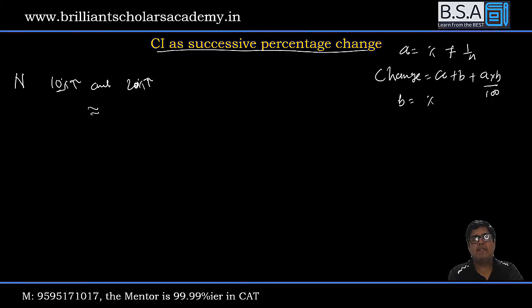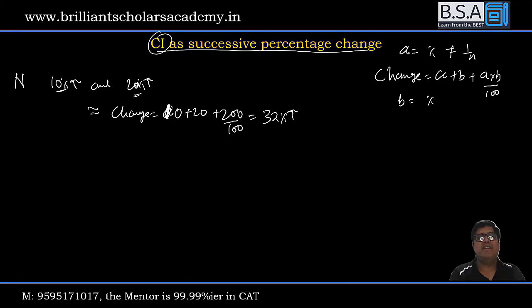So 20% and 10% increase is equal to what? Using the formula directly, 10 plus 20 plus 200 by 100. So that is basically a 32% increase.